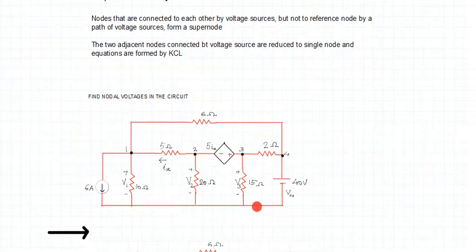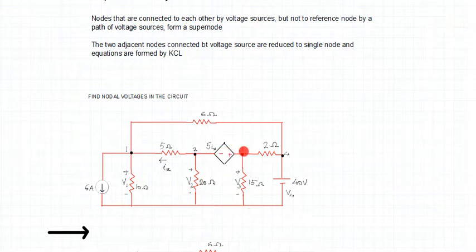If it were touching the reference node directly, we could not call it a supernode. But that is not the case here. This voltage source is connected between nodes 2 and 3, with no direct association with the reference node, and hence nodes 2 and 3 become a supernode.